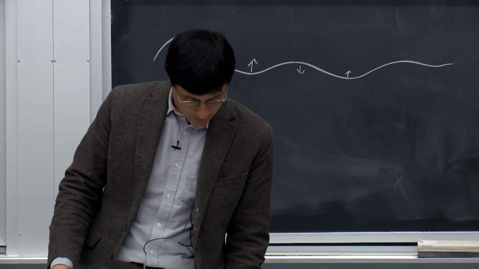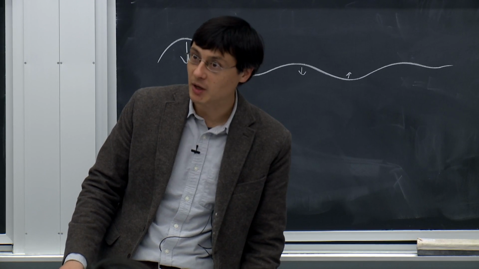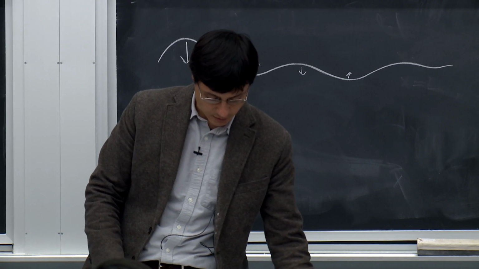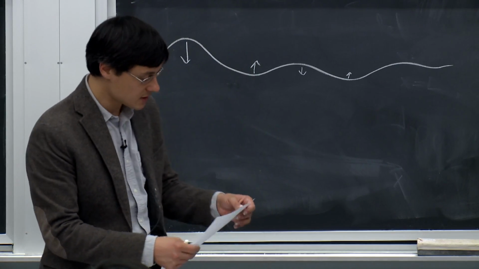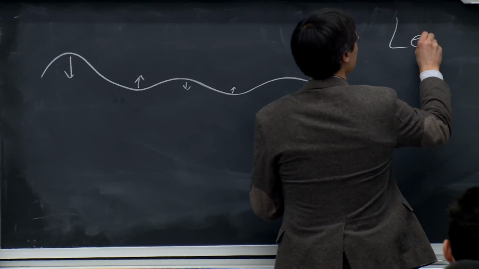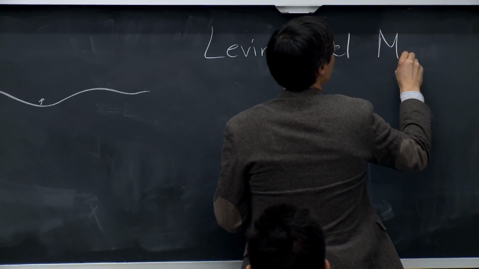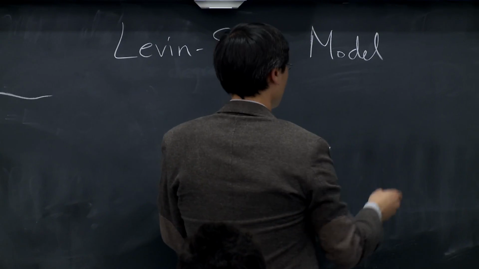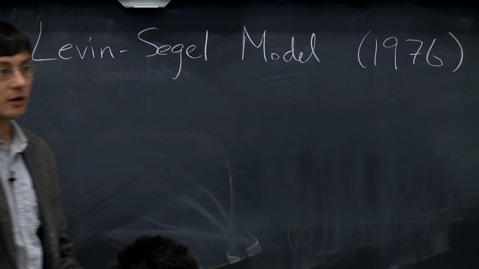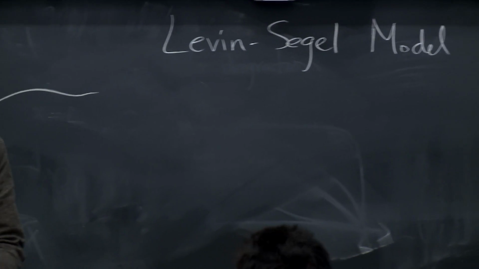All right. So what I want to do is give you one example of a simple model that does experience these Turing patterns in an appropriate regime. And this is the Levin-Segel model of pattern formation. This was published in 1976, and it was actually meant as a model of predator-prey interactions in ecology.